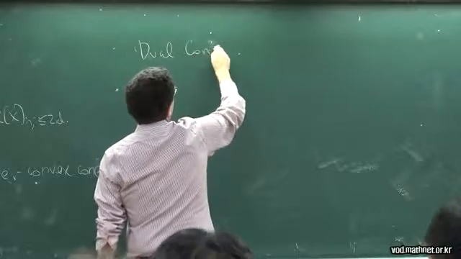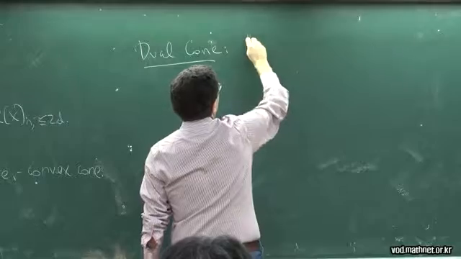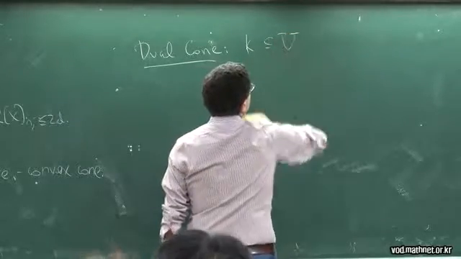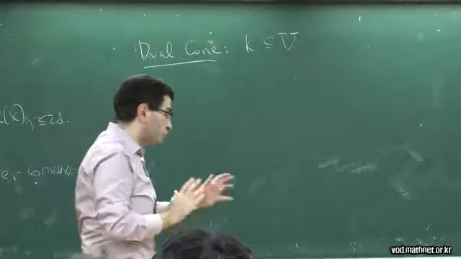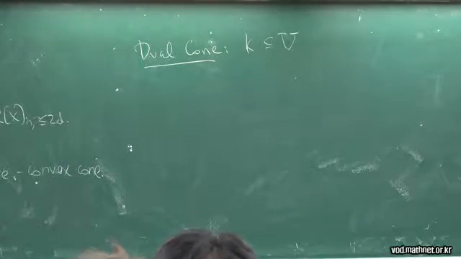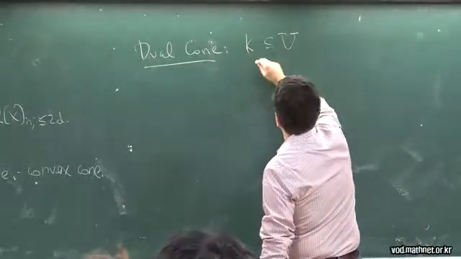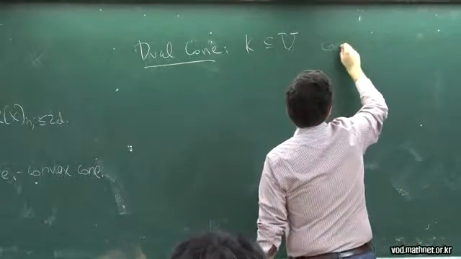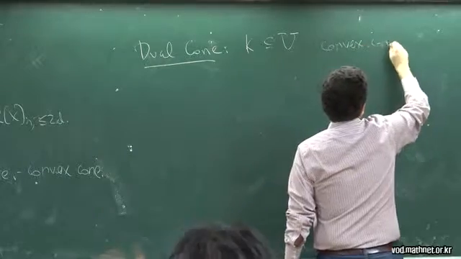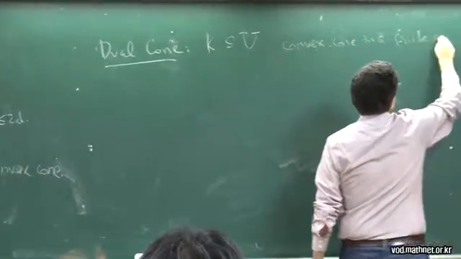So this is duality within convex geometry, which is also not too different from duality within algebraic geometry, if you look at it in the right way. So let's say K is a convex cone in a finite dimensional vector space.